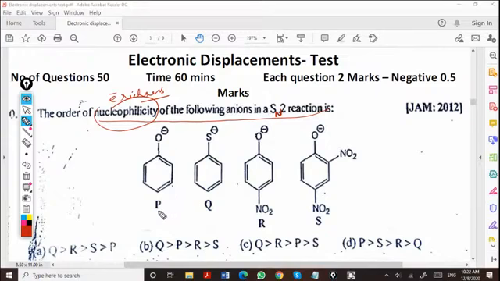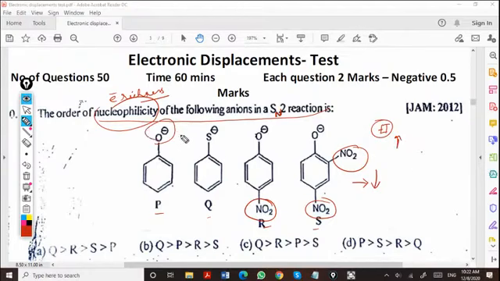So P, Q, R, and S. Among these, R and S are attached with withdrawing groups, so they will decrease the electron density. So their nucleophilicity also decreases. If it is with electron donating groups, it will increase electron density.